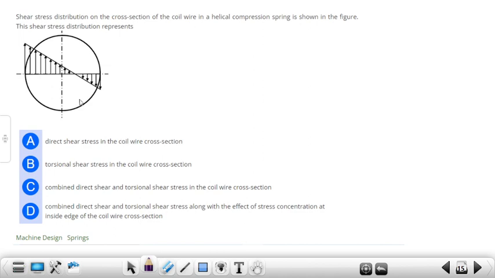Next question. A shear stress distribution on the cross section of a coil in a helical compression spring is shown in the figure. The shear stress distribution is present, and this is the shear stress.